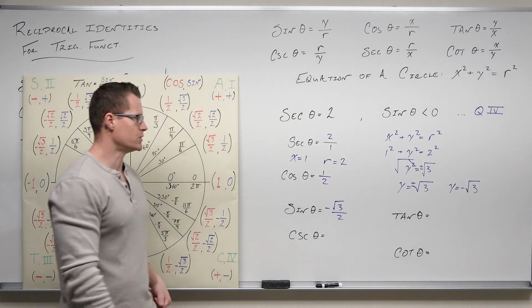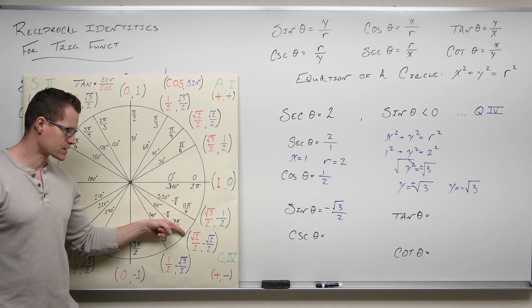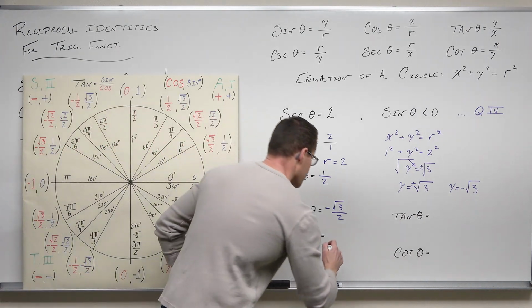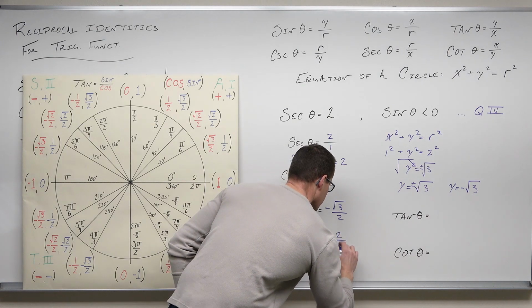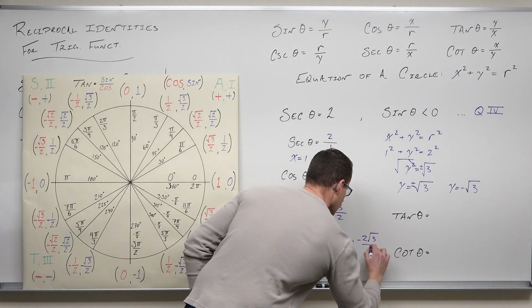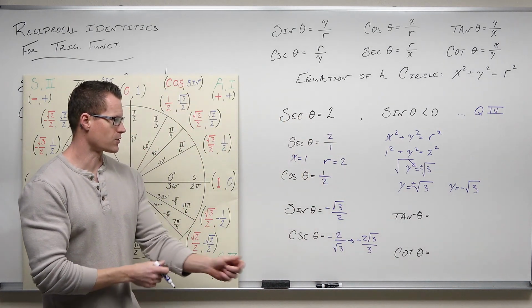Negative square root 3 over 2. Quadrant 4, sine with an x of 1/2, negative square root 3 over 2. Cosecant reciprocates that. And after rationalizing, we get negative 2 root 3 over 3.